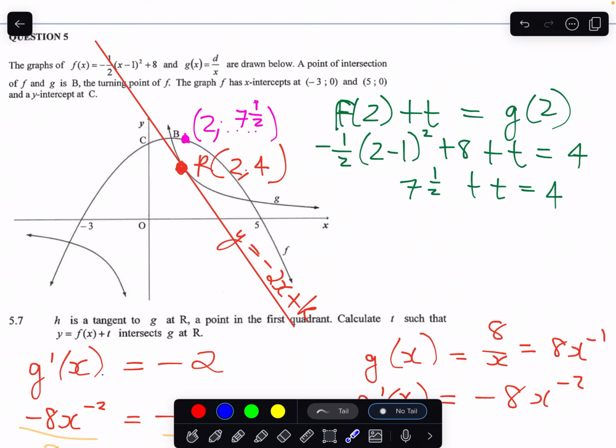Then they equated it to 8 over x to figure out where they are intersecting, and they found that it's intersecting when x is equal to 2. And then they figured out the y coordinate at that point, the y coordinate of the parabola when x is equal to 2, and of the tangent or the hyperbola when x is equal to 2, and then they figured out the difference from there.